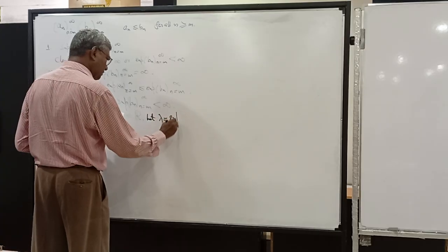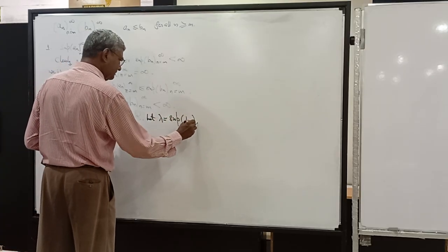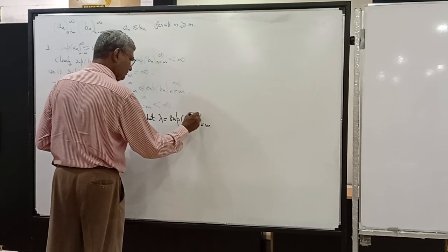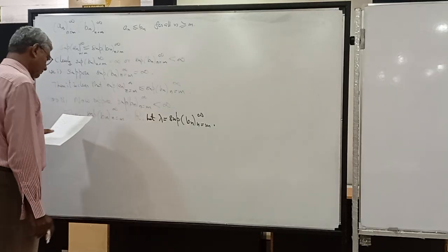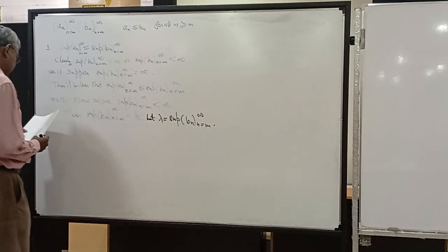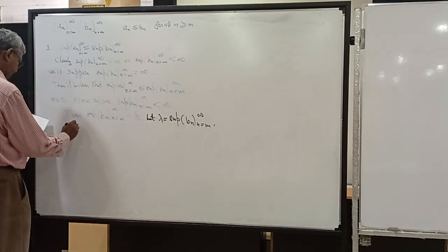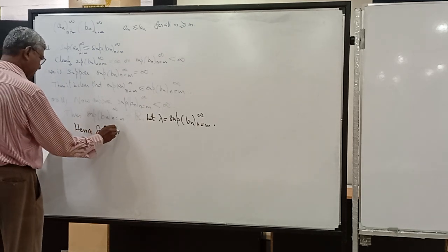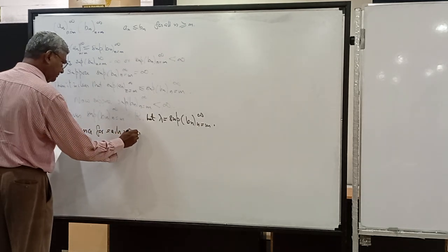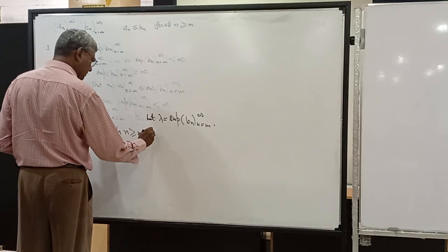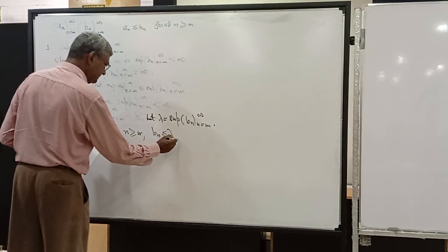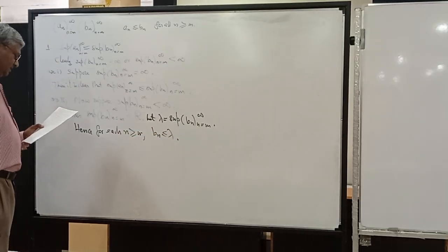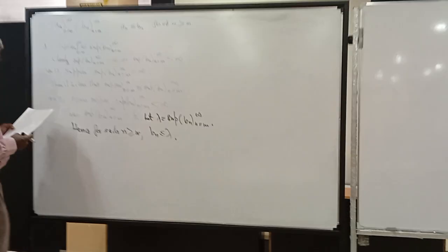And that's equal to sup b n, n to infinity. Hence, for each n greater than or equal to m, b n is less than or equal to lambda.